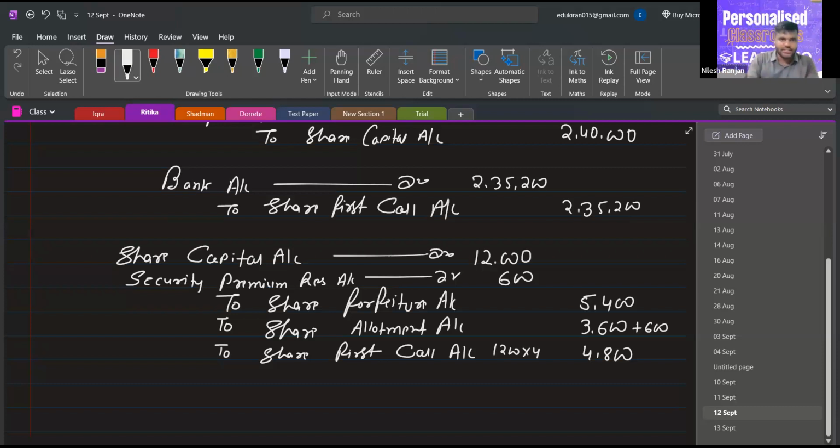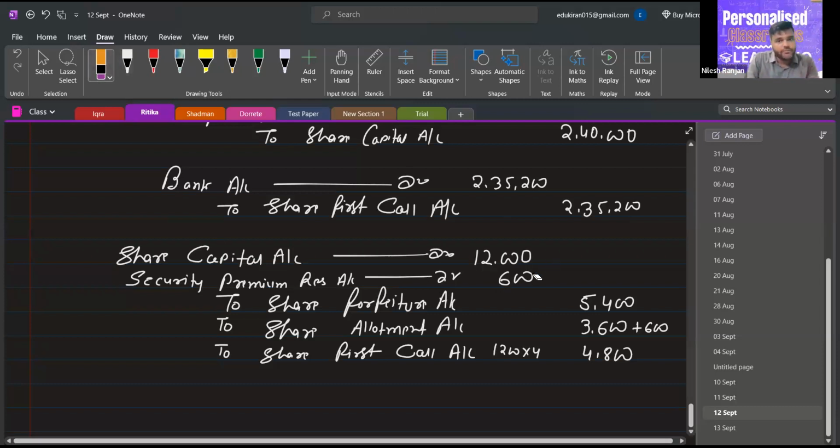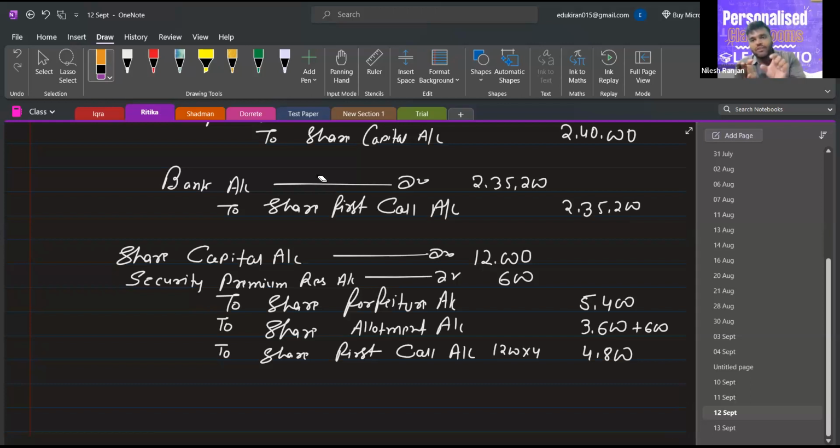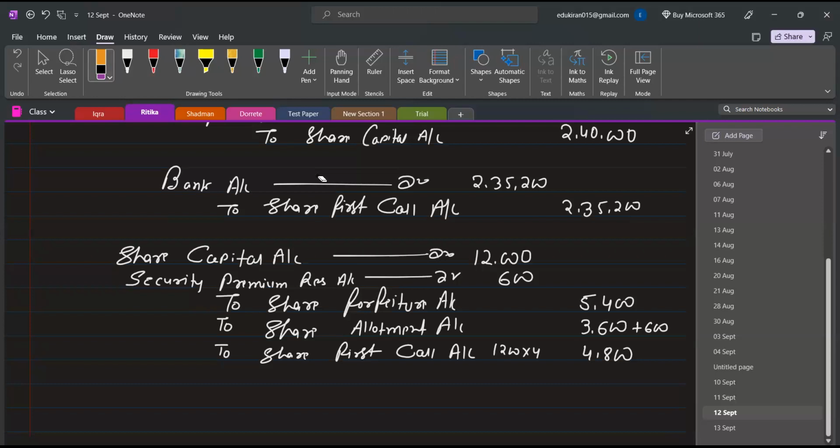But let's change this a little bit. If we are saying that the amount is utilized against premium first, then how much premium have we received? We have received 1200 premium from Sohan and 600 premium from Mohan. Total 1800.